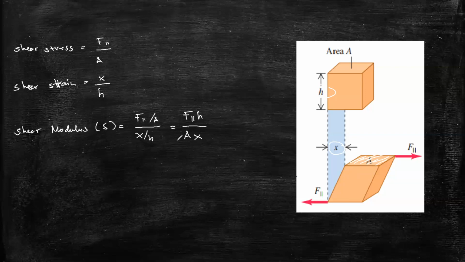In real life situations, x is nearly always much smaller than h, and the strain is also dimensionless.